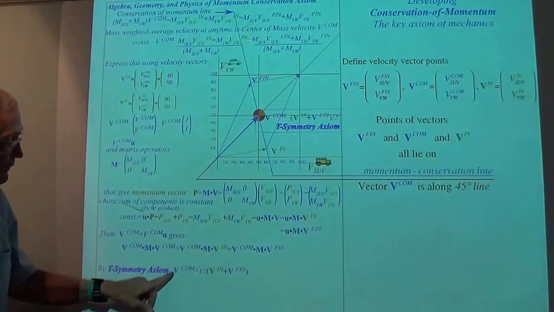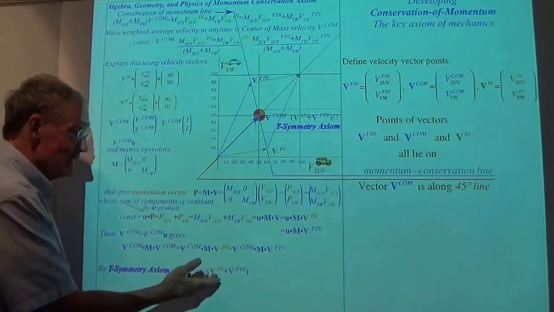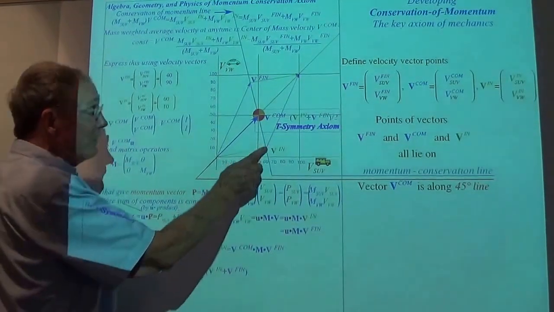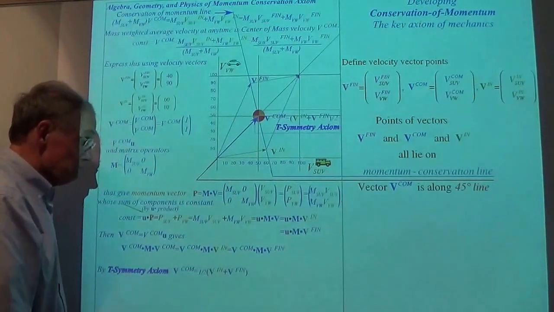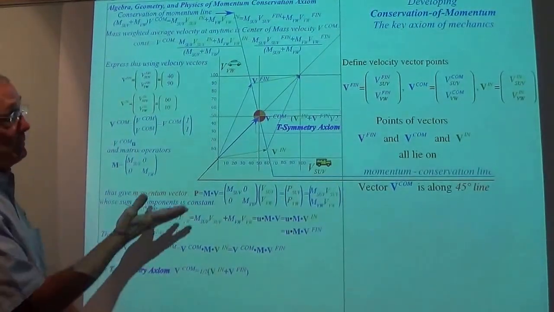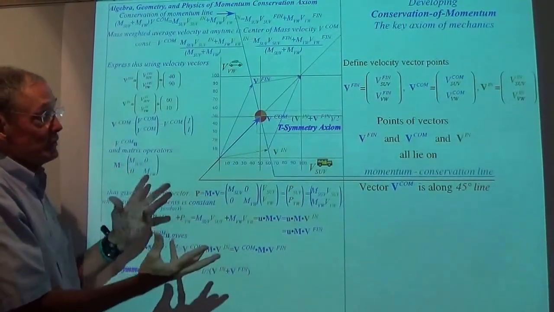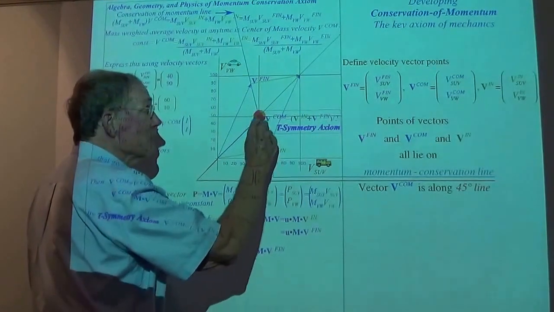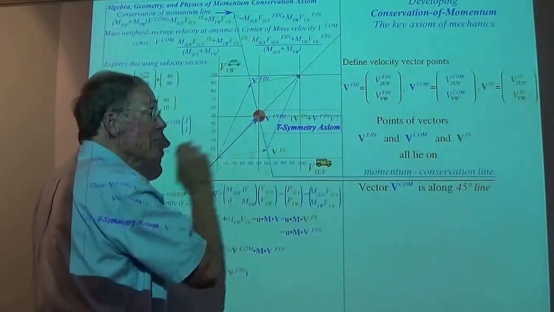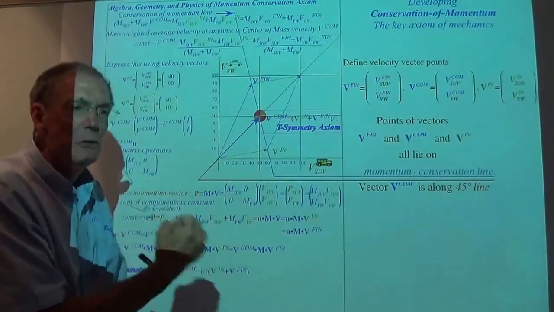This is what I call the time symmetry axis. If the VCOM here is splitting equally final and initial, then I could play the movie backwards on a collision like that, and it would be a real physical effect that could happen. But if this thing is anything less than, particularly if it gets stuck here as in a crunch, playing the movie backwards looks really weird.